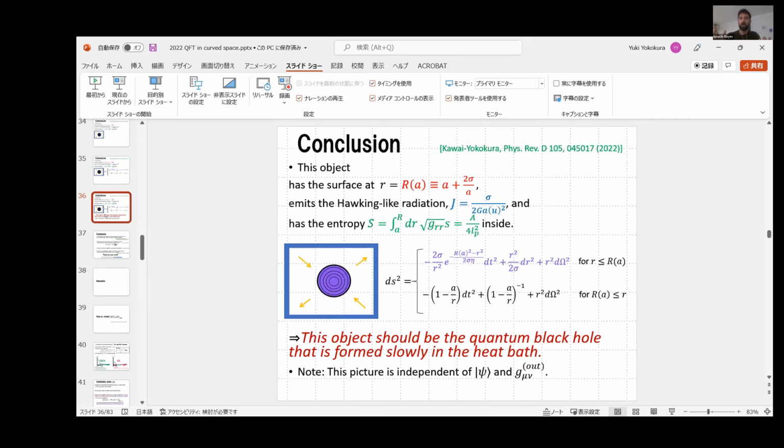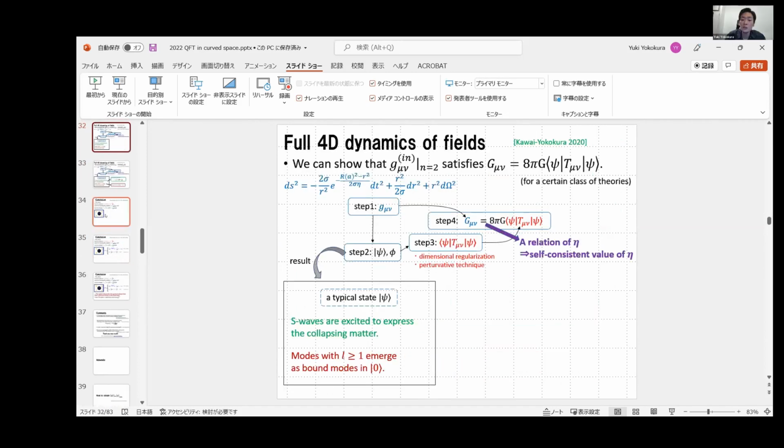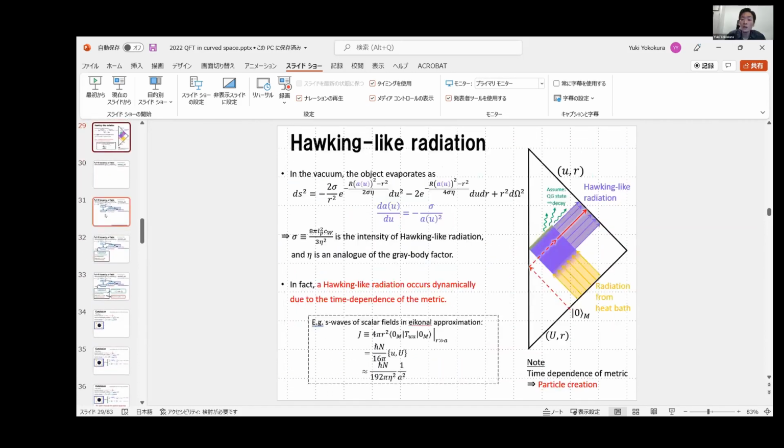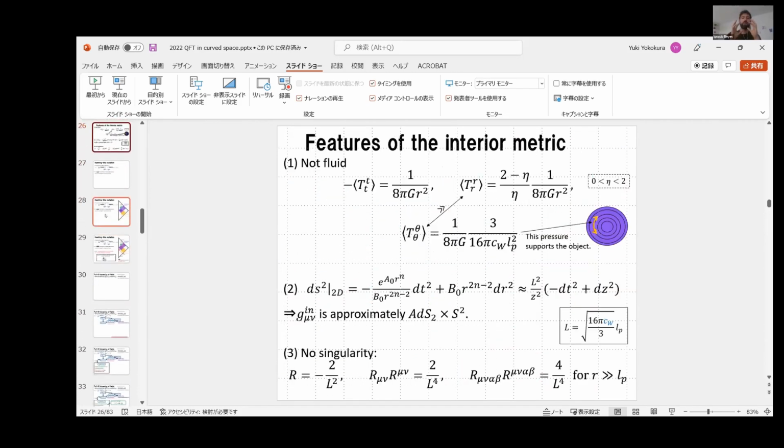Could you go to that formula again? So this pressure can become very large independent of the number of fields that you have in 4D.